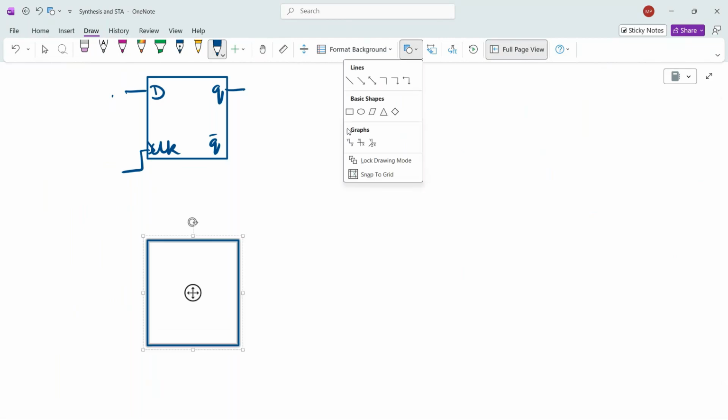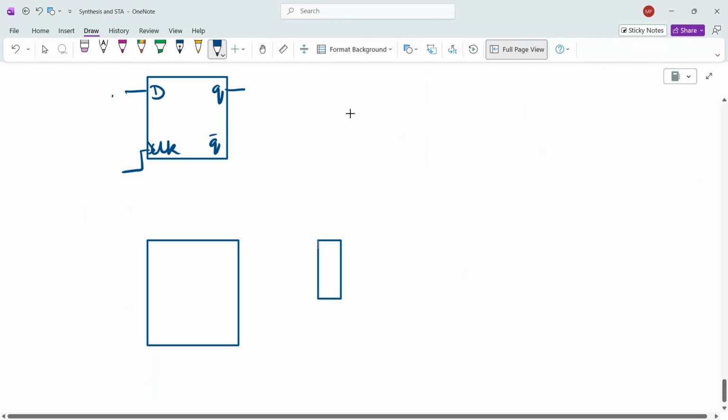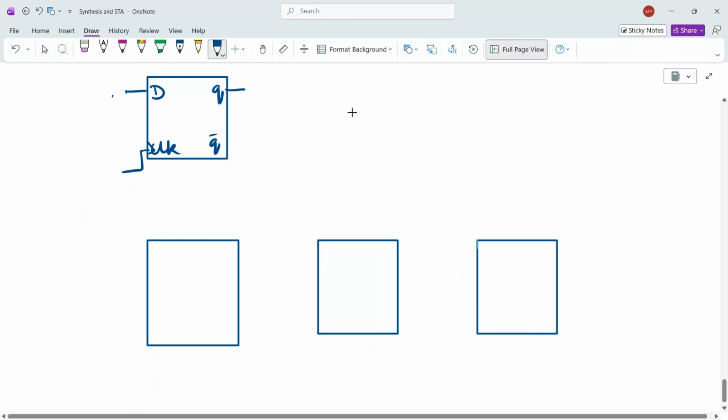There will be additional pins that you will be able to see in the flip-flops, connected like this. Now D will be there, Q will be there, scan input, scan enable, clock, Q bar. Additional pins will be there. Here the combo cells will be there. Our normal D flip-flop will get converted like this.